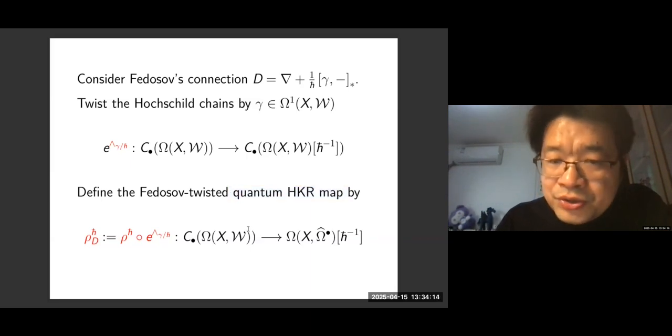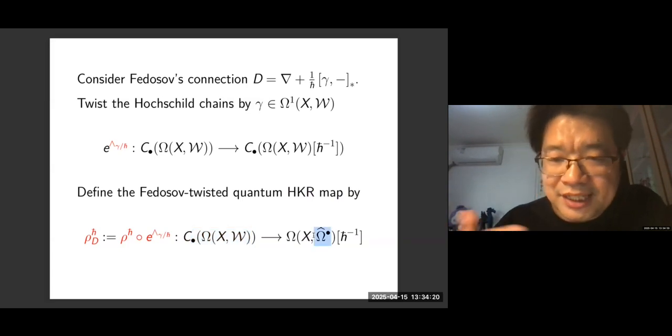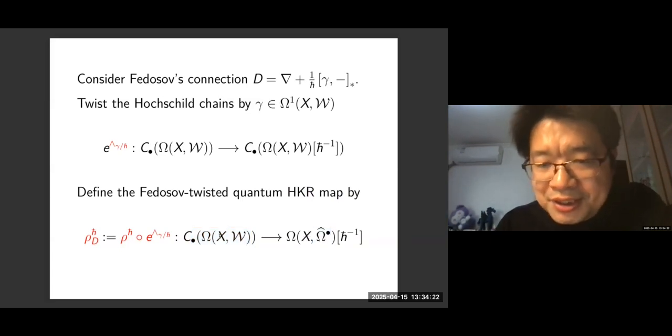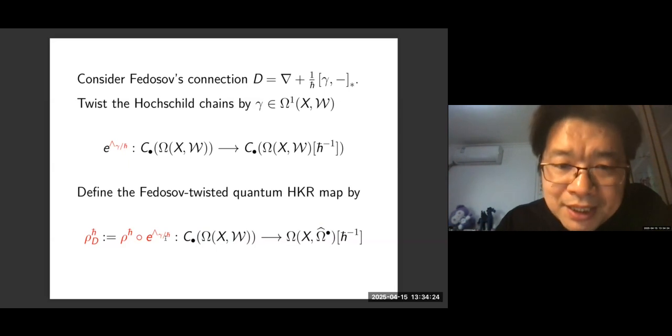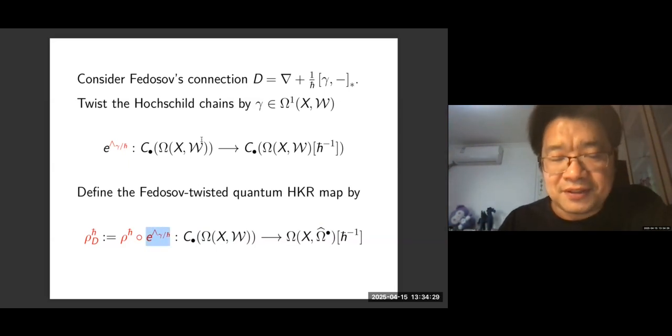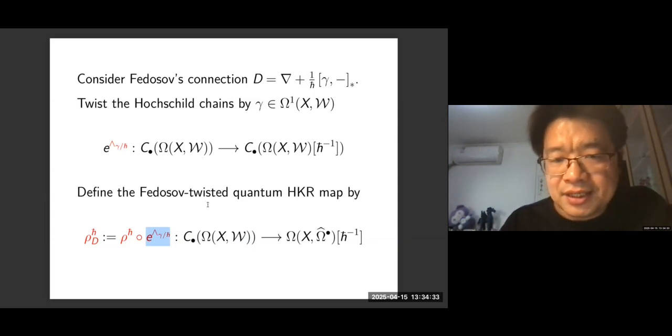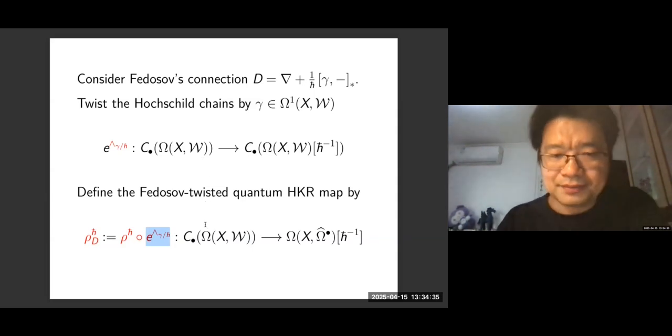So remember, originally we have this fiberwise Weyl algebra mapped to fiberwise differential forms. That's the HKR map. We can twist the fiberwise HKR map by adding the information from the twisting of the Fedosov connection. So this is basically coupling algebraic structure with geometric structure.